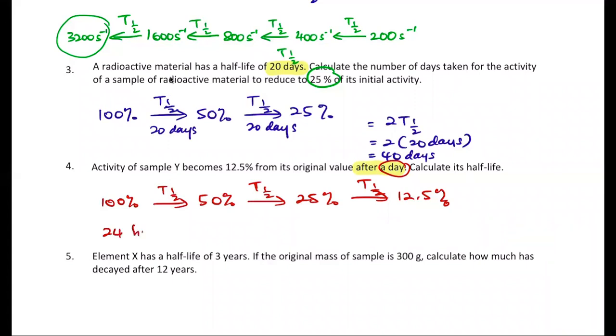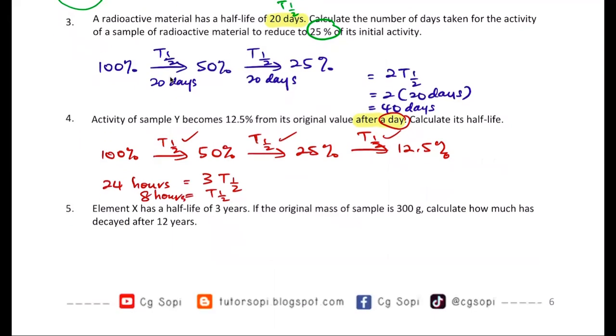We have 24 hours is equals to 3 half-life. Okay, 1, 2, 3. So one half-life is equals to 8 hours. 24 you divide by 3. So answer is 8 hours.